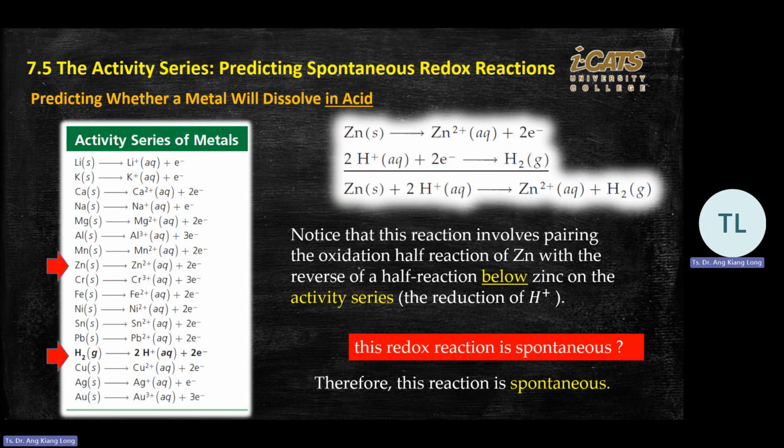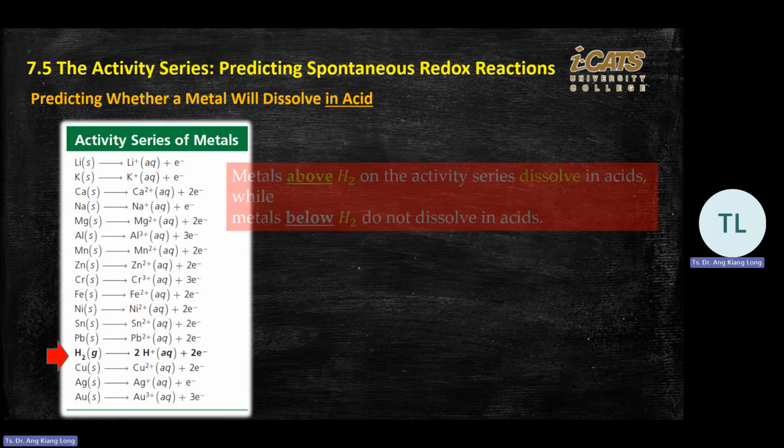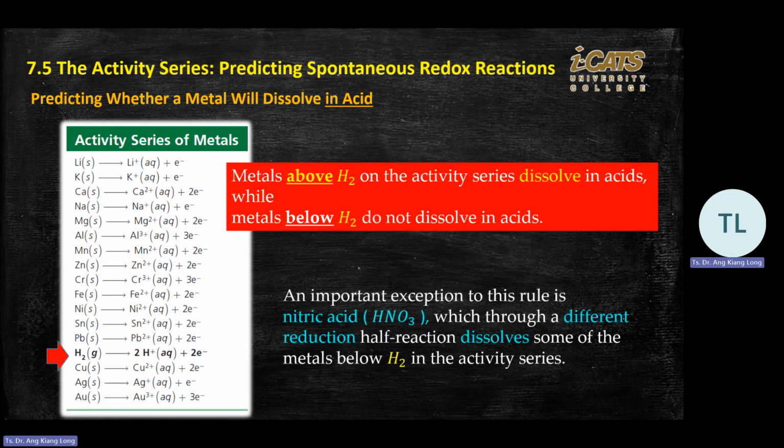Referring to this green table, what does this red color sentence mean? If the metal, like what I wrote on the whiteboard here, is above the H2 series, it dissolves in acid. You know acid is H plus, right? H plus is here.